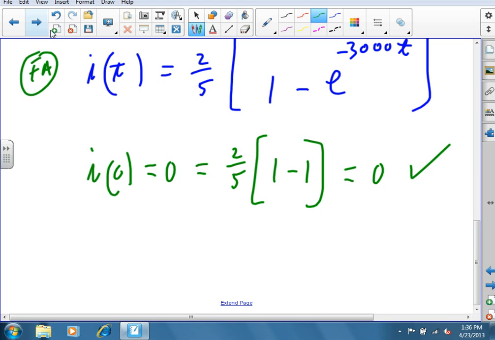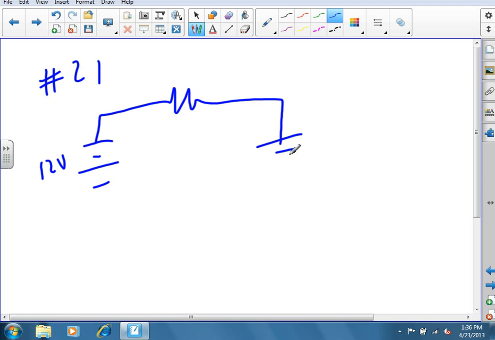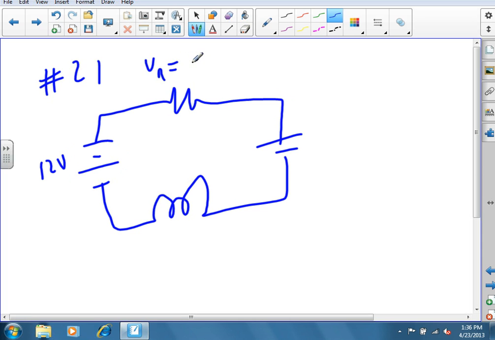Okay, number 21, and then we'll call it a day. Of an RLC circuit. Okay, so I got 12 volts, and I got a resistor, a capacitor, and an inductor. Voltage across the resistor is IR, also known as 45I.